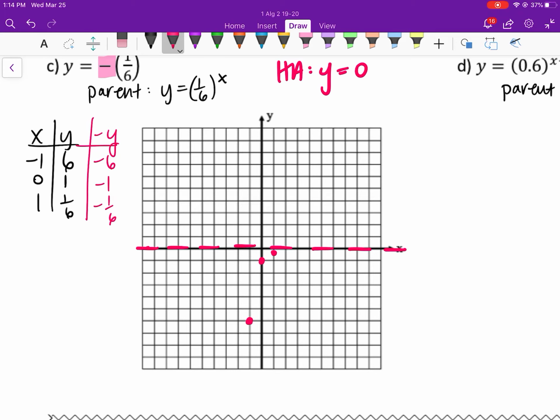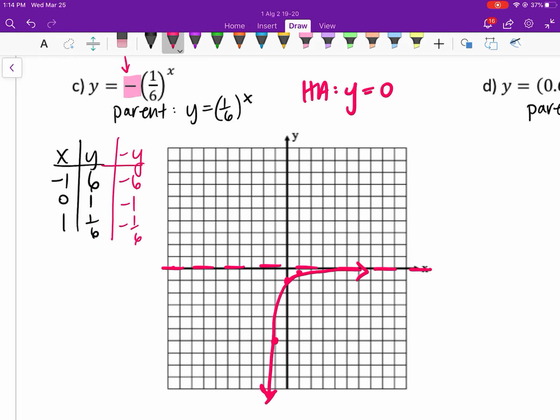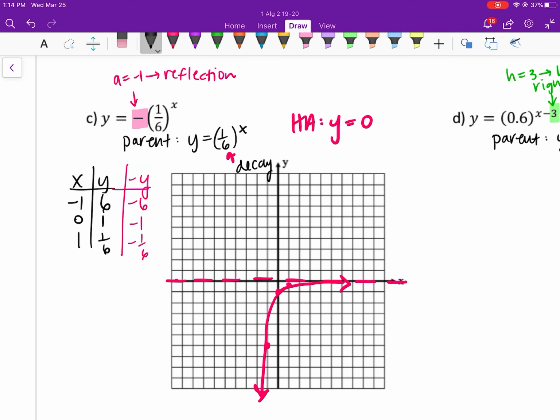Because our b value, which remember is the thing with the exponent attached, is less than 1, that tells us that it's going to be exponential decay. Now, we're increasing for our graph, so it looks kind of funny, but that's really only because our graph is reflected. If it was not reflected, it'd be clear: we're getting smaller. That would be decay.